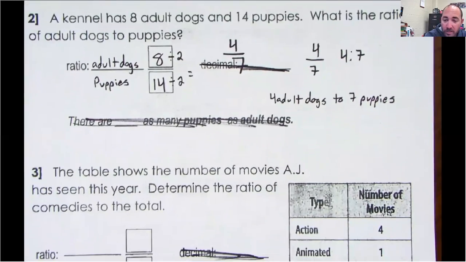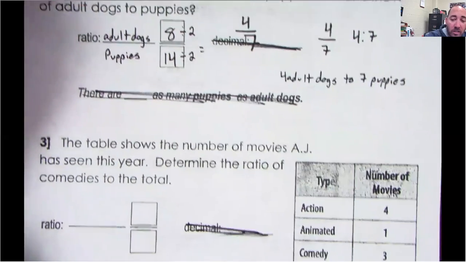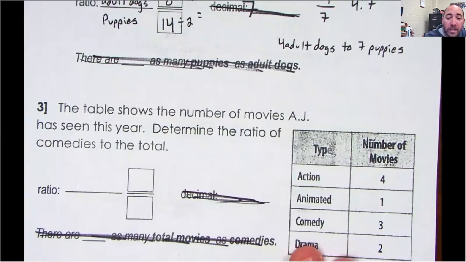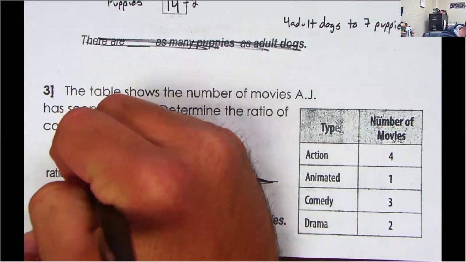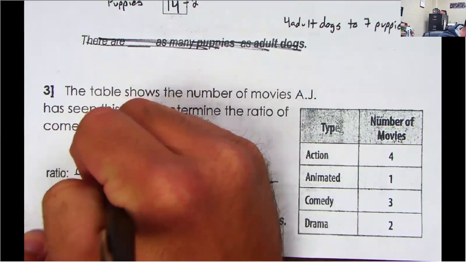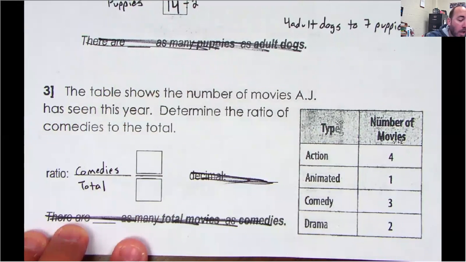We're going to do one more. The table shows the number of movies AJ has seen this year. Determine the ratio of comedies to the total number of movies. Well, guys, check this out. How many comedies did he see? 3.